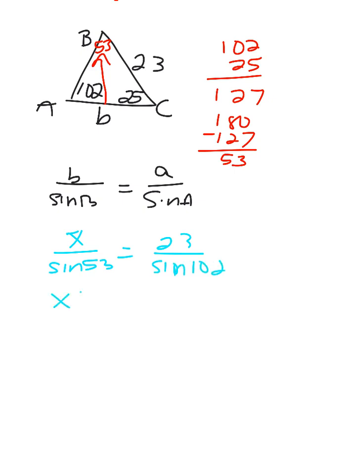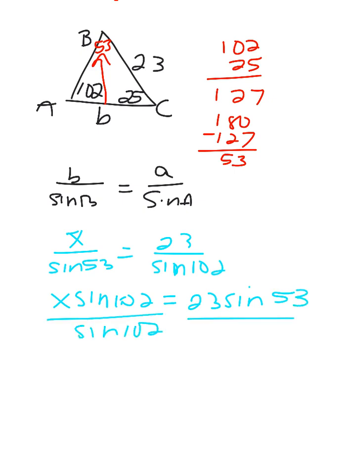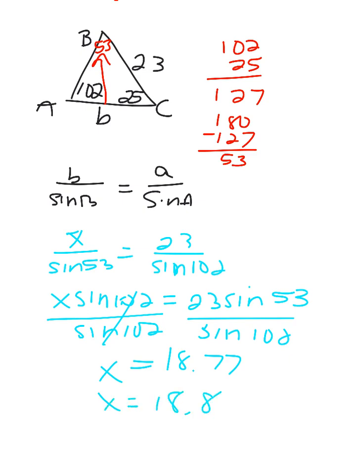Cross multiply: x sine 102 equals 23 sine of 53. Divide by sine 102. We get x equals 18.77. To the nearest tenth would be 18.8.